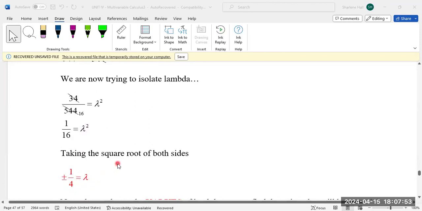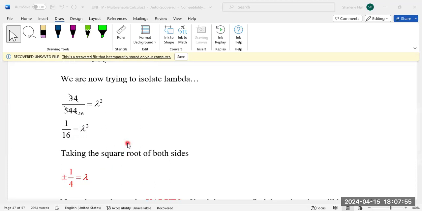I paused there because I want you to recognize that when I take the square root of a number, I take the positive root as well as the negative root.